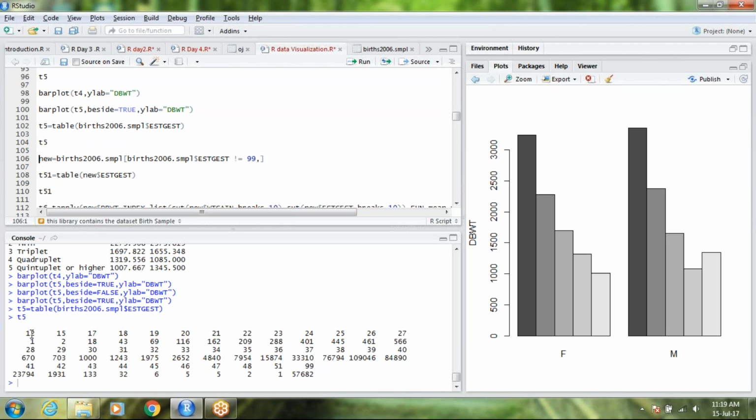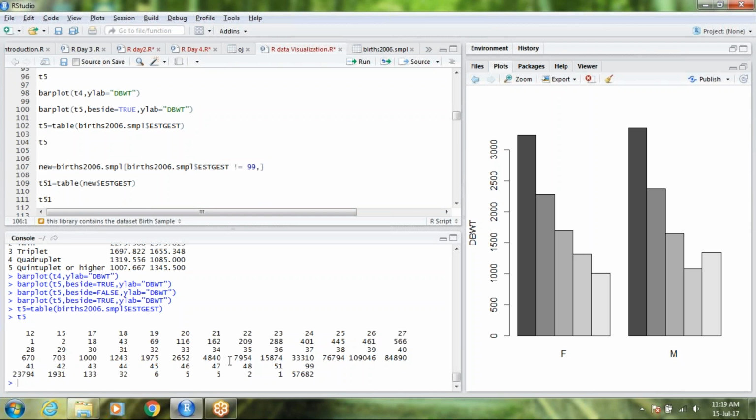So 12 weeks is 1, 15 and so on, and it goes like this. We have some maximum value somewhere around 30, 31 weeks, 32, 33 weeks, and so on till 38. Here we have the largest number, and 39 weeks is the highest expectation, and then 40, and then it goes down again.